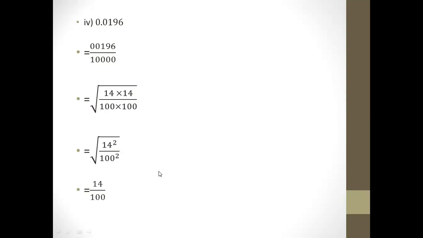So 144 is the square of 12 and 196 is the square of 14. You can check it easily from your calculator which value multiplied twice gives that number. So you take directly the 196 square root. When you get 196 square root, you know that it will be equal to 14. So 14 multiply 14.